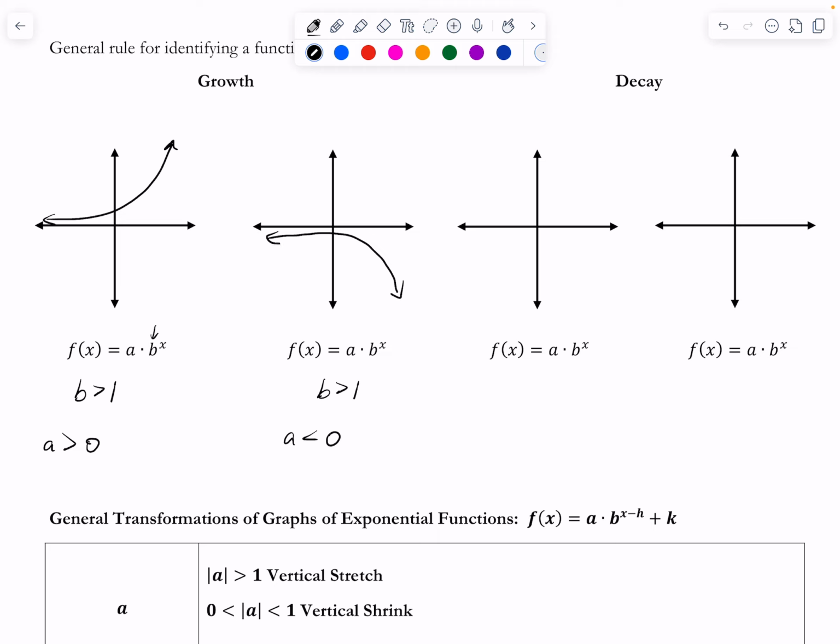For decay, like we talked about earlier, your base is between 0 and 1. Okay, but then if your a is positive, that looks like the parent function that we graphed earlier. And then if your a is negative, right, so less than 0, that's going to be reflected over the x-axis, so it looks like this.